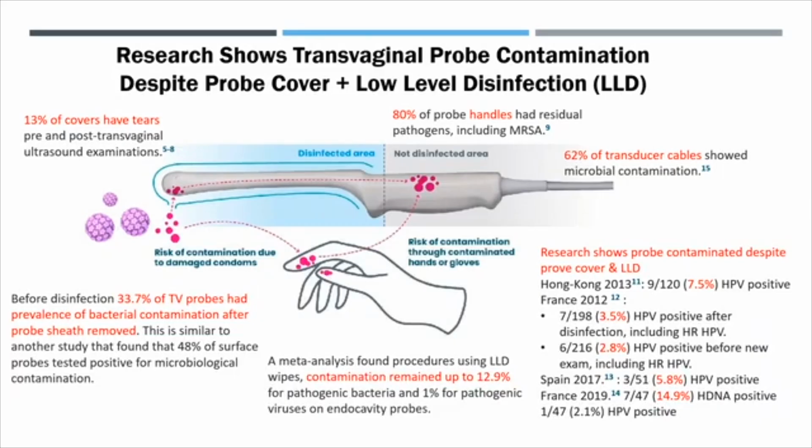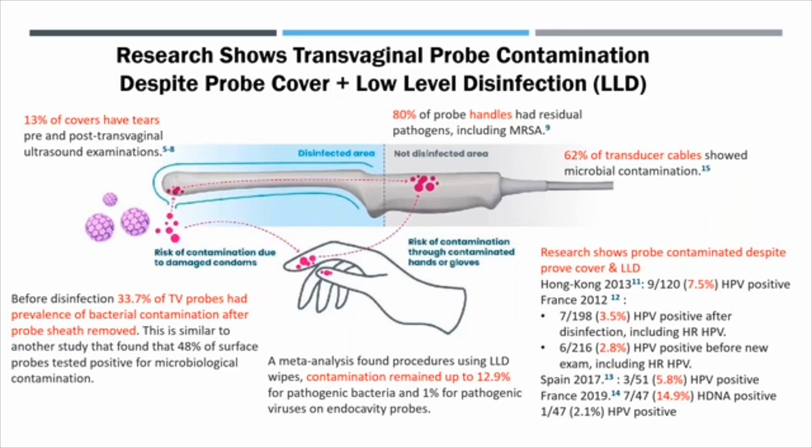So research shows transvaginal probe contamination despite probe cover and low-level disinfection. First of all, one should note that 10 to 15% of probe covers will have tears, allowing the entrance of microorganisms from the mucous membrane directly onto the probe. In one study, before disinfection, roughly one-third of transvaginal probes had prevalent bacterial contamination after the probe sheath was removed.